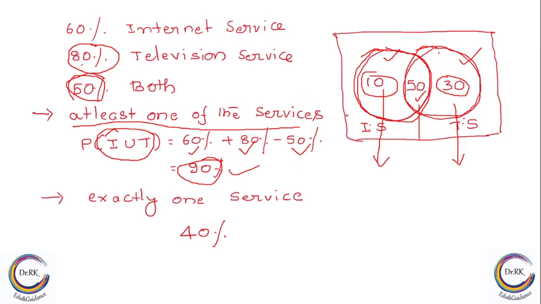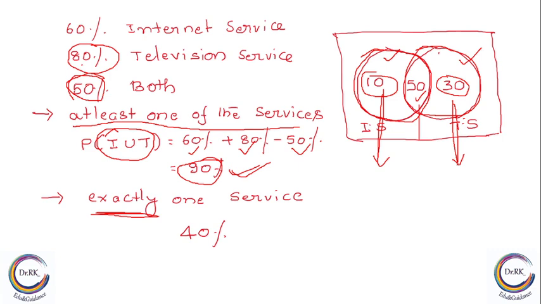Or otherwise, we don't require any formula. If you see, union is nothing but the complete part, 10 plus 50 plus 30, therefore 90%. Next question: what is the probability or percentage of the people who are getting exactly one service? Exactly one service means, we have seen 10% getting exactly internet service and 30% getting exactly television service.